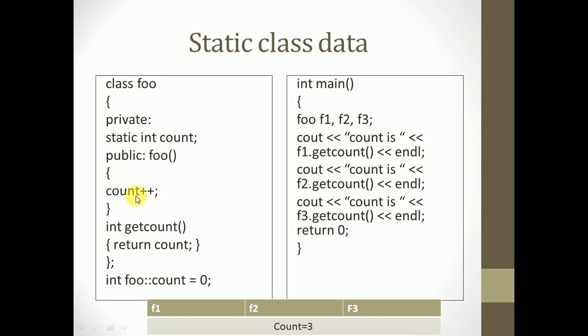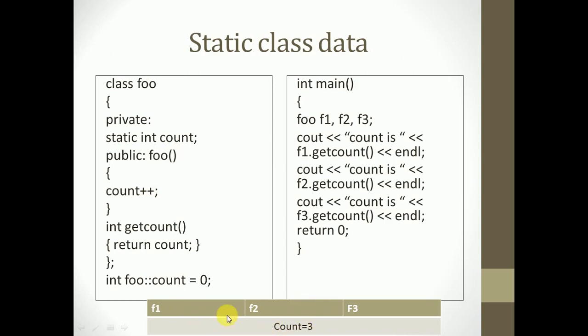What was the value for count? 1. So now it will be incremented to 2. Now again F3. Earlier the count value was 2. Now you are calling F3, the constructor will be called again. So what will be the value of count? The count value becomes 3.